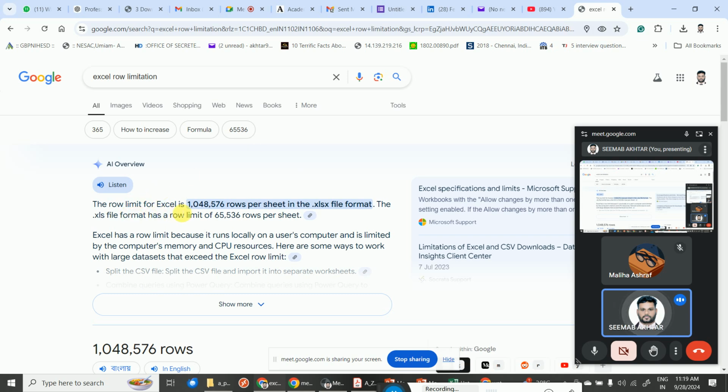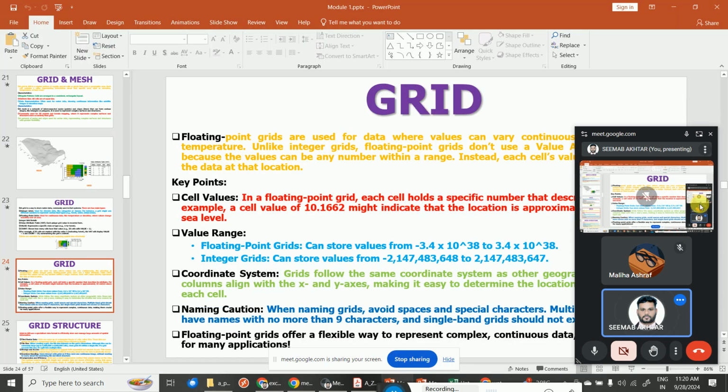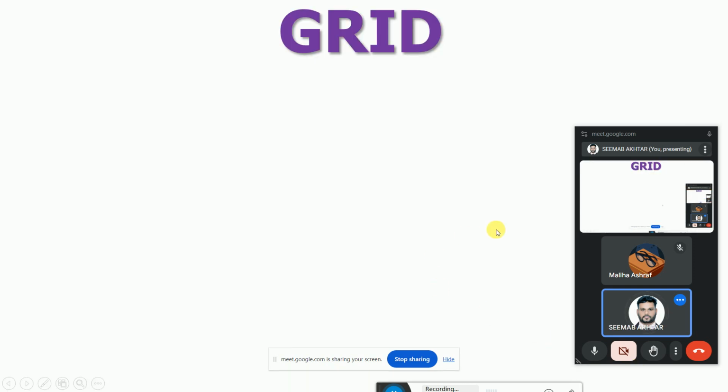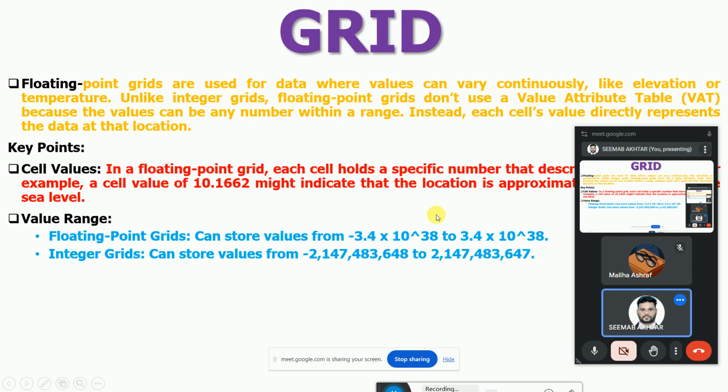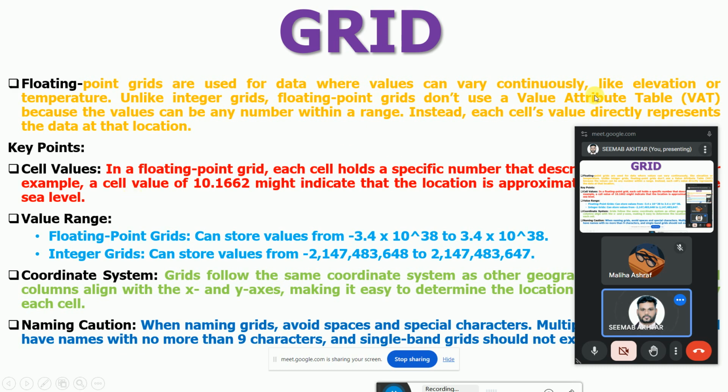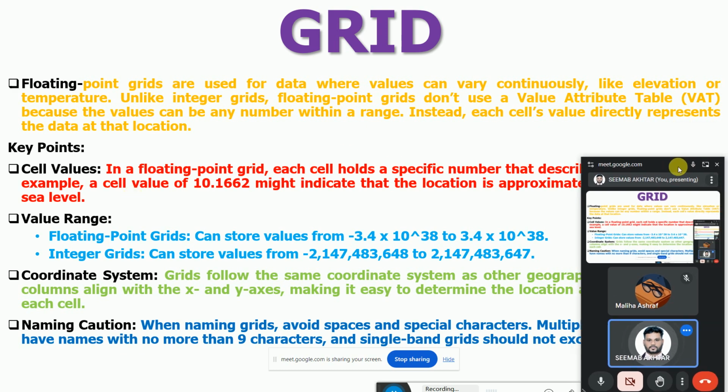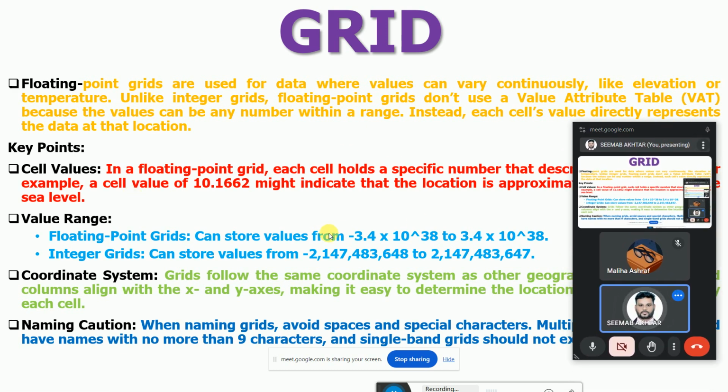The row limit of Excel is this. Beyond this you cannot enter any data. So that is the same in these things. Similarly, for integer data, the integer cannot be exceeded in these things. Integer grids can store values from 2.4 to this one.